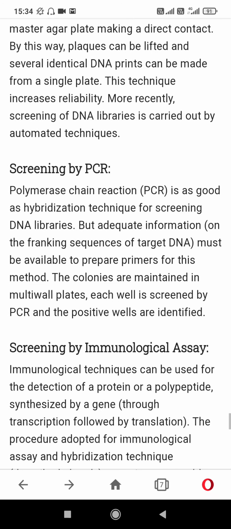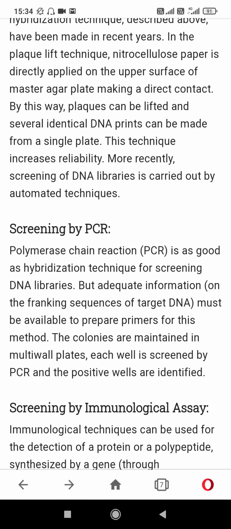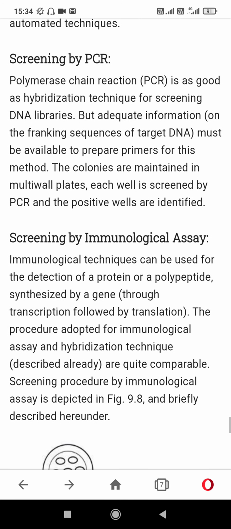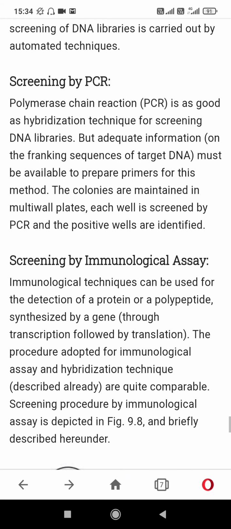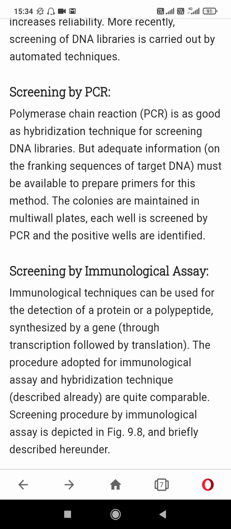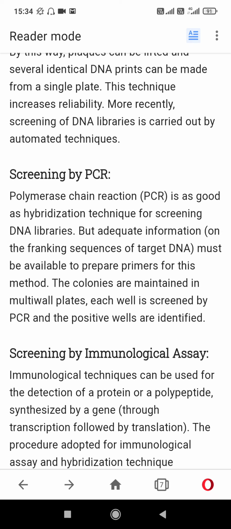Then screening by PCR is also carried out. Polymerase chain reaction is a good alternative to hybridization techniques for screening libraries, but we need some information on the flanking sequence of the target DNA.